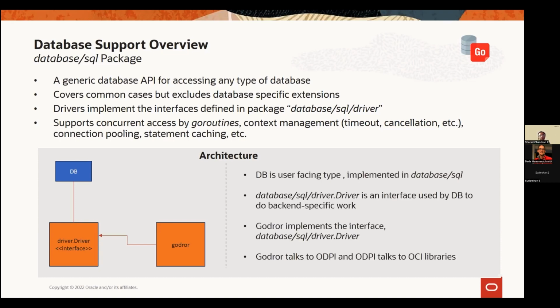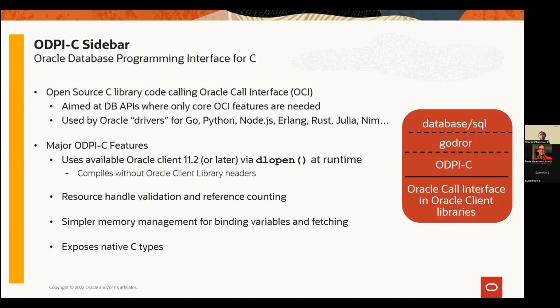So, some implementation on how it is done in Oracle: Godror talks to ODPI. At the bottom, once it implements the database/sql package, Godror does the database transactions by talking to ODPI and OCI libraries, which are the Oracle Call Interface libraries.